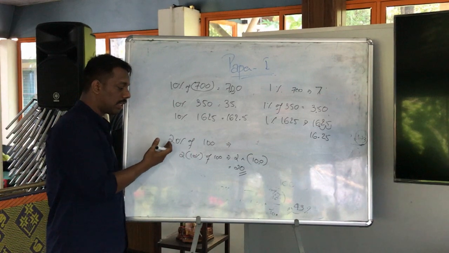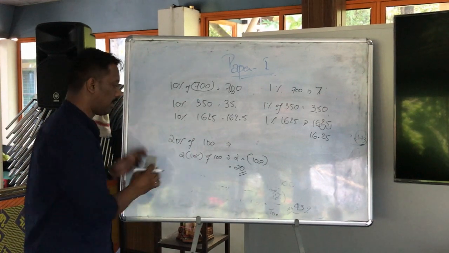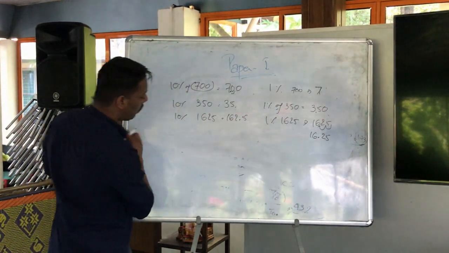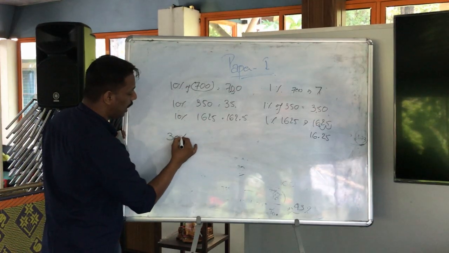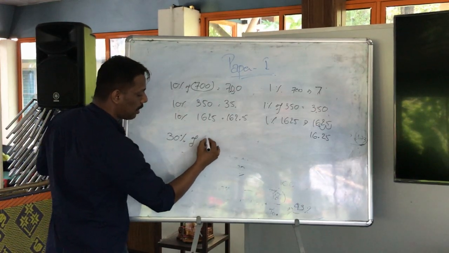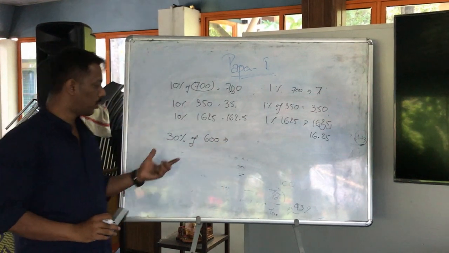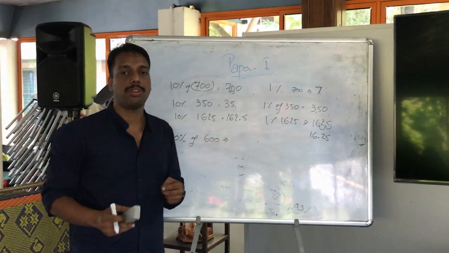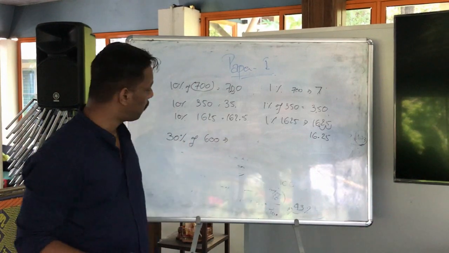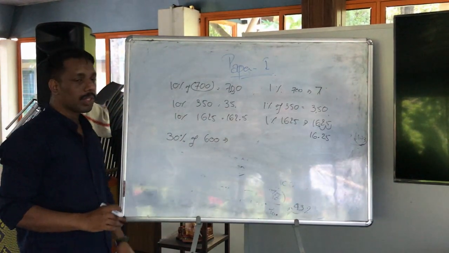If the question is like 30% of 600, how will you find the 30% of 600? Suppose it is your question. You have to find out 30% of 600. How will you find out?